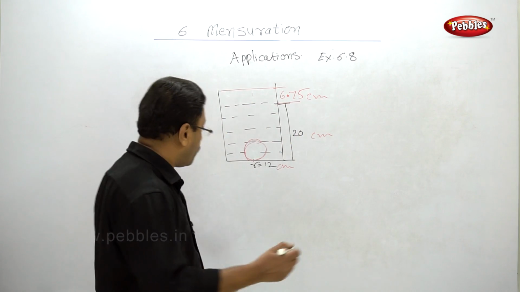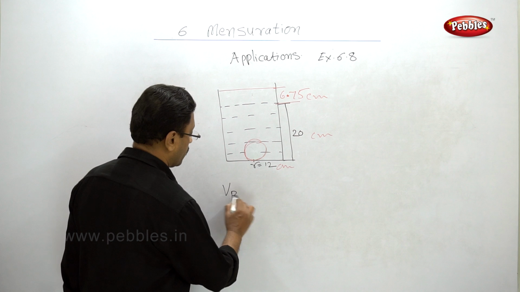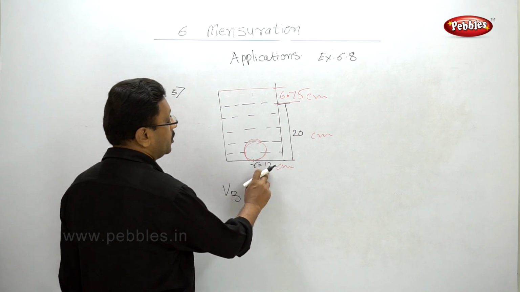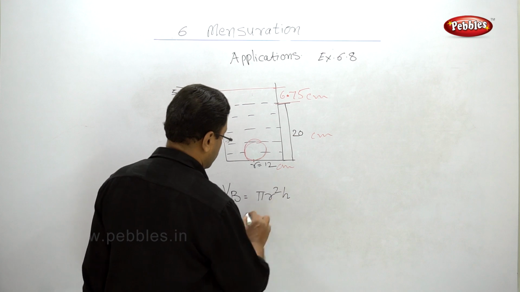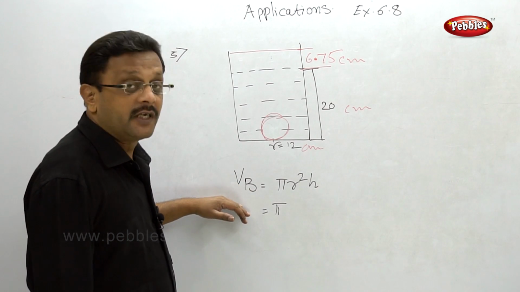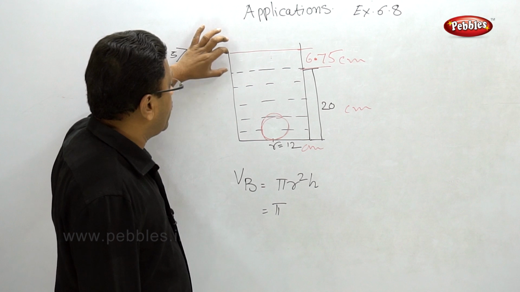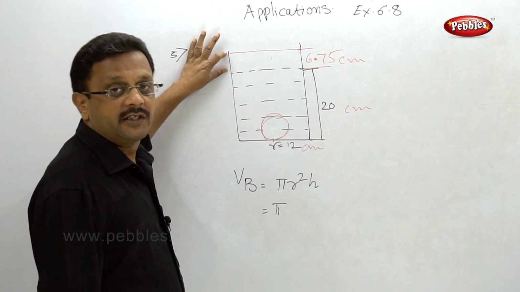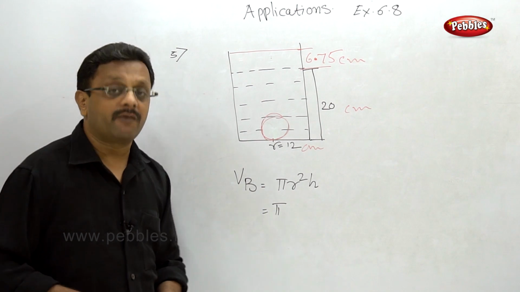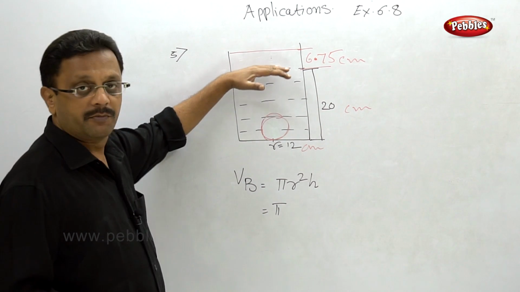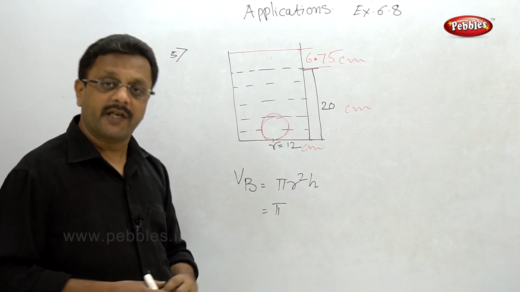So volume of the ball is equal to pi r square h. The volume of the ball is equivalent to the volume of water level increased. And what is the volume of water level increased? This is the cylindrical shape. So pi r square h.